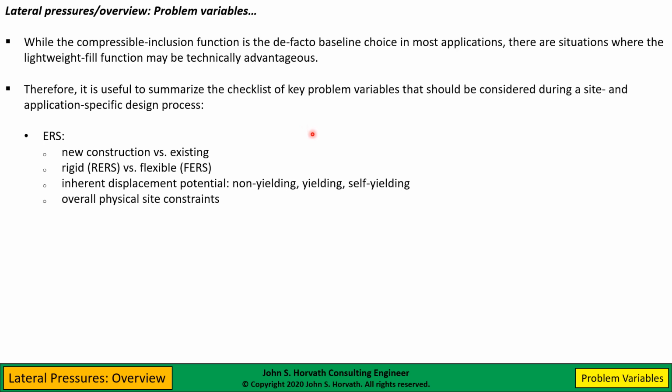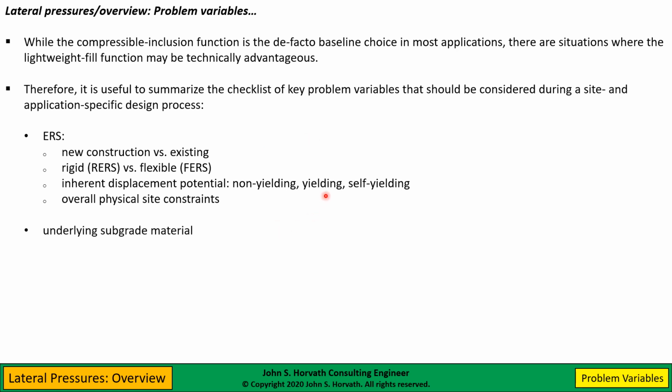What are the site constraints? How easy is it to get material, equipment and personnel into a project site, vertically and horizontally? The underlying subgrade material is very important.